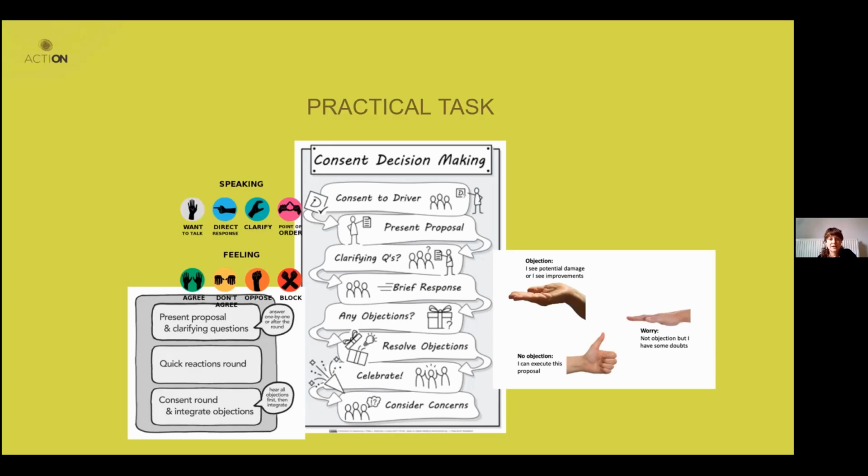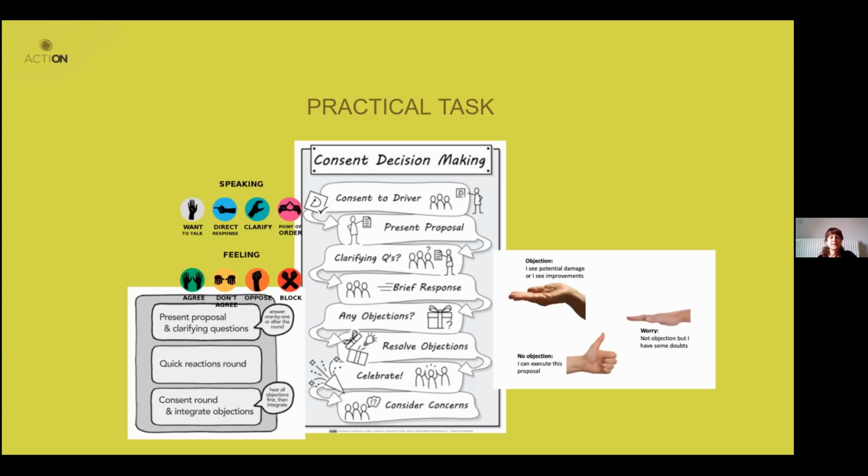If you don't have any objection, but maybe a weird feeling, or you're just not completely convinced, you can give this worry sign, which could also be a bit like shaking hands, but with the face down.